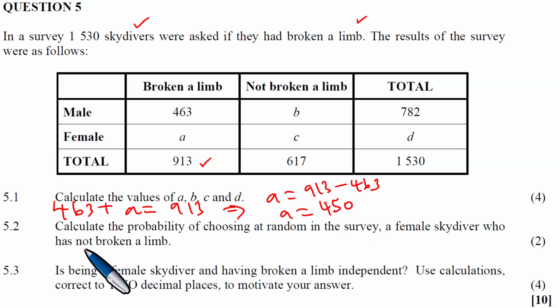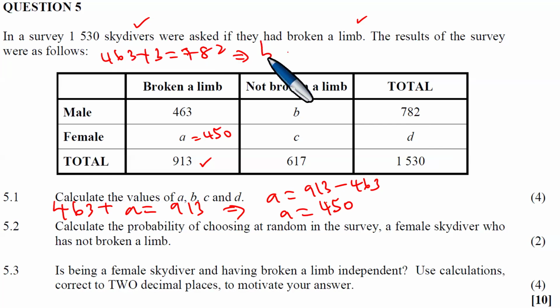So A is 450. We also need B. The total here is 472, meaning that we can say 463 plus B is 782, which means B is 782 minus 463, and the result is what?